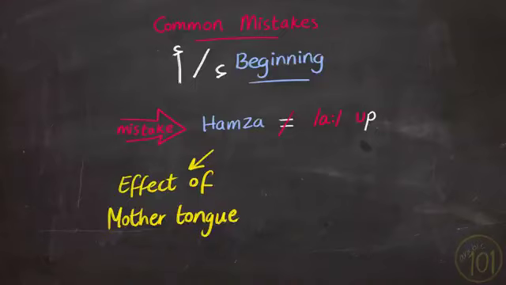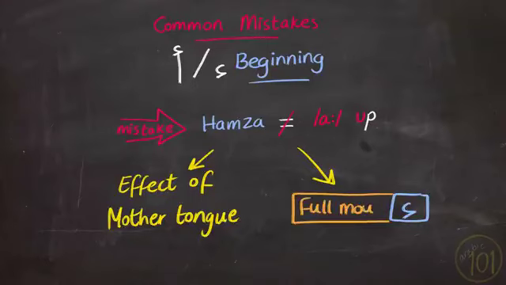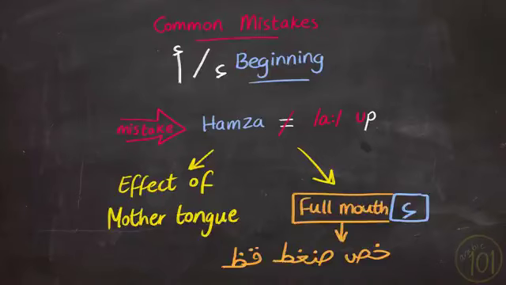Another reason for this mistake is when the hamza is followed by a full mouth letter. Full mouth letters form the word khus, ضغط, qadh. So if any of these letters follows the hamza when it comes at the beginning of the word, the chances of this mistake happening increase because of the tendency of taking the hamza in the full mouth trade along with the letter that comes after it.